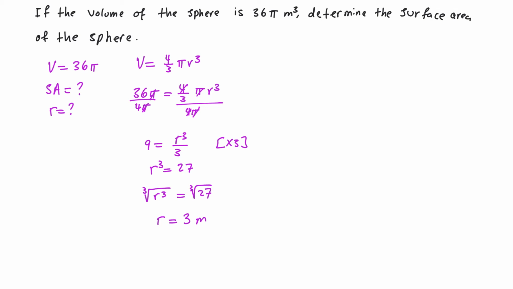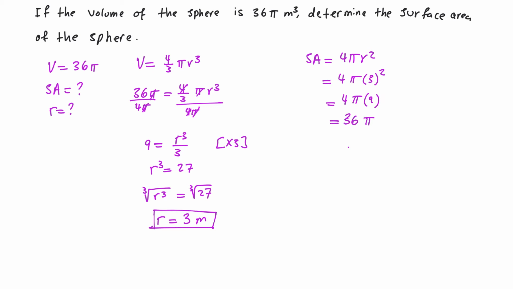Okay, great. So now I have my r value. I'm going to box it, and I'm trying to find my surface area, and my surface area equation is 4 pi r squared, and I will get 4 times pi times 3 times 3, or 3 squared, and I will get 4 pi, 3 times 3 is 9, and I will get 9 times 4 is 36 pi as my exact solution.